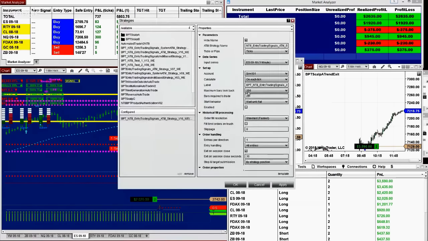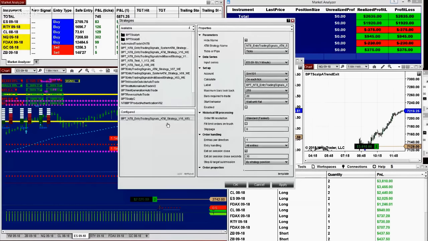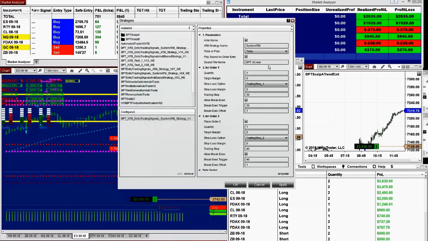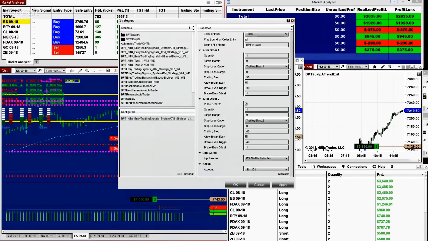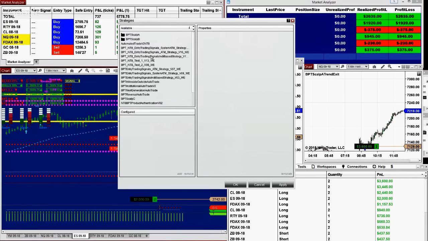You have an option on the ATM to use a trailing stop. You can activate your trailing stop, allow break even, or you can deactivate it. You can also put it before the target or a few ticks after the target. Very simple. It cannot be optimized or anything like this.